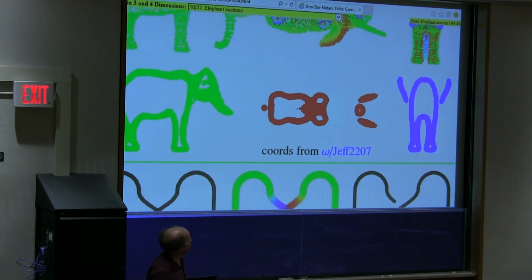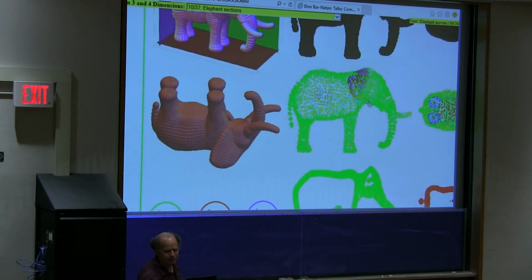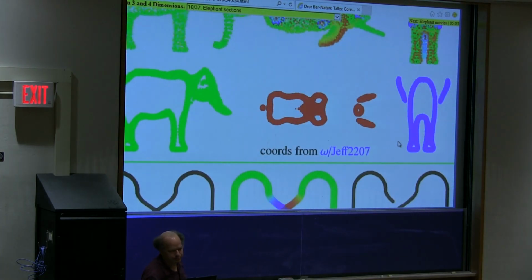And another thing that I could do is look at sections of the elephant. So this is a sideways section. If you compare it with the picture here, this is projection on the green plane, and there is also projection on the red plane, and also projection on the blue plane over there. So this is not projection, this is section.